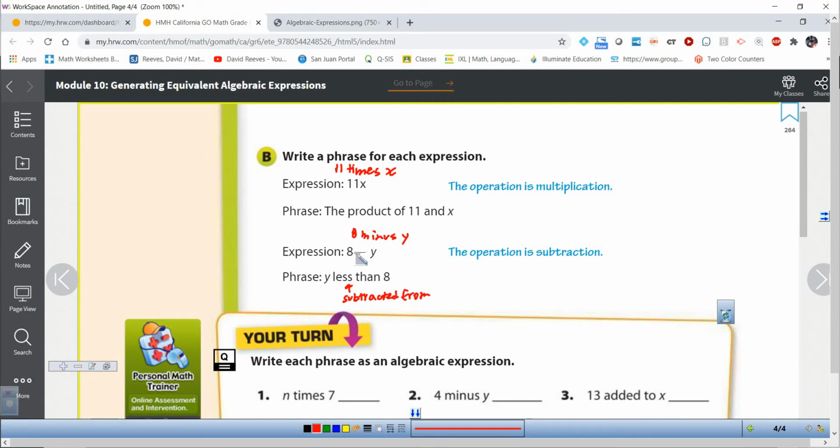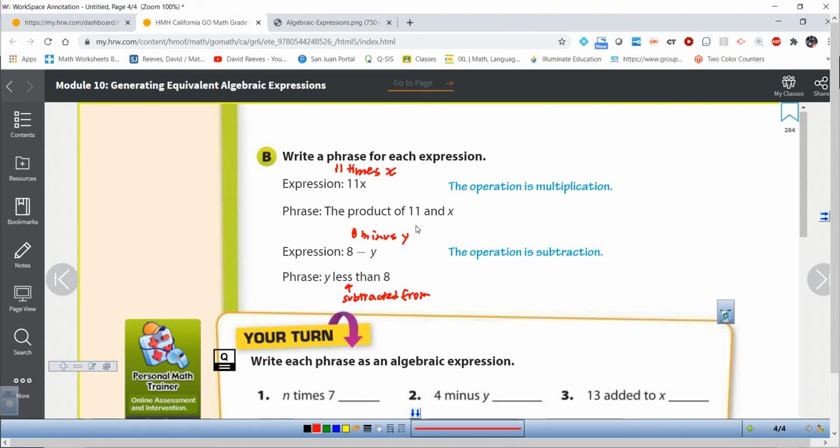So you notice it says 8 minus y, but it's y less than 8, or y subtracted from 8. So that's actually 3 different ways we could translate that same expression: 8 minus y, y less than 8, y subtracted from 8.